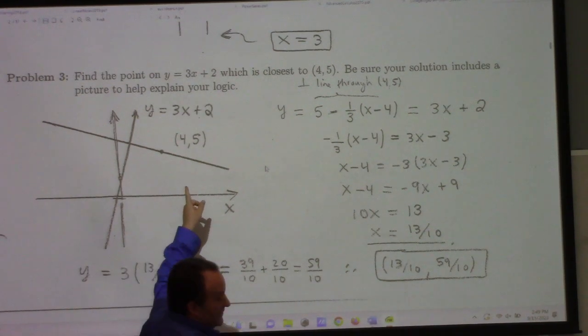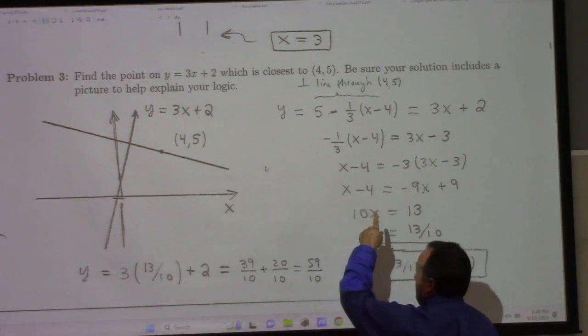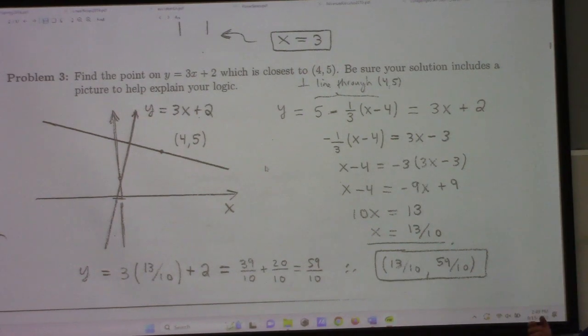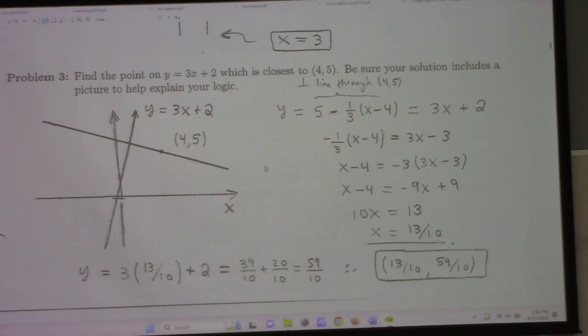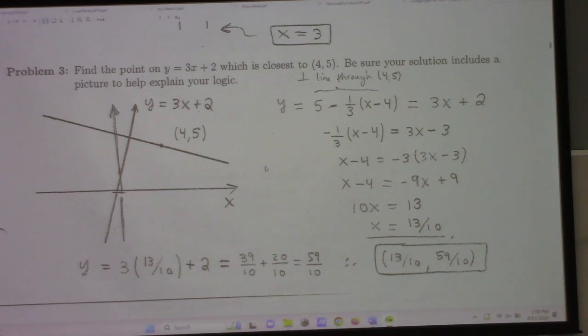By taking the slope, which is 3, and converting it to minus 1/3, that's the perpendicular slope, right? And then I look for where those two lines intersect to find the closest point, which is to solve both equations at once. So I set y equals to y, and work it out. But again, this solution will be posted, so don't fret the details at the moment.